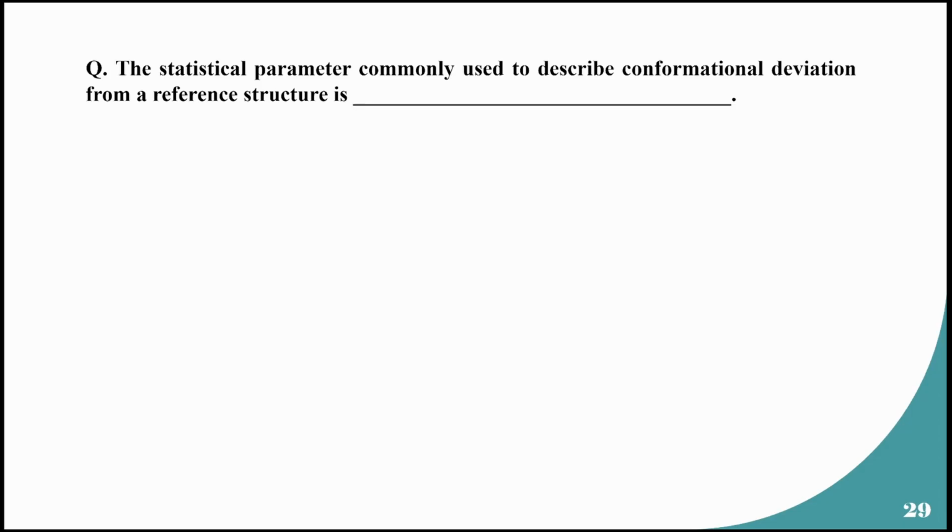How do you know how much the new structures in the trajectory have deviated from the initial structure? This deviation parameter will tell us what the difference is between the newly obtained conformations in your trajectory and your initial or any reference structure.